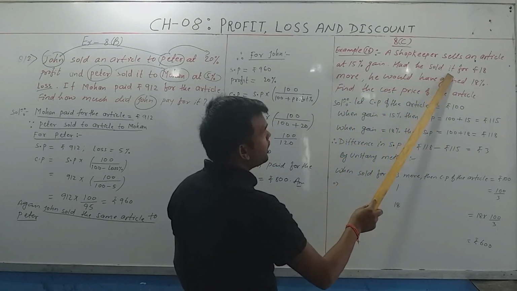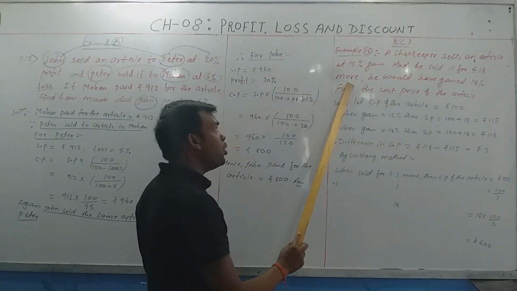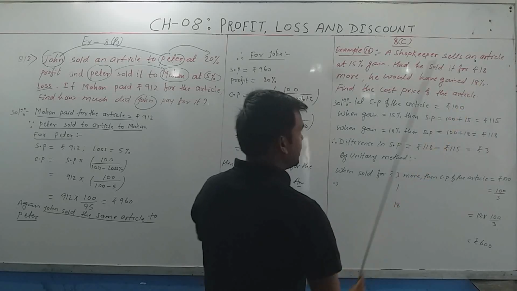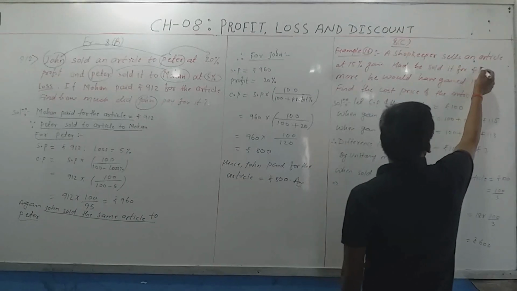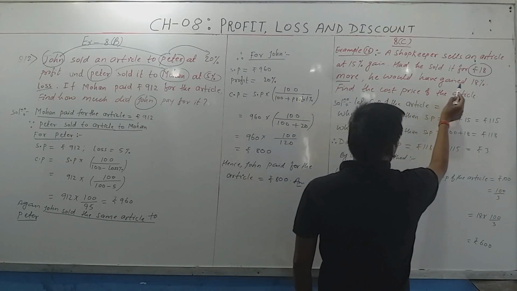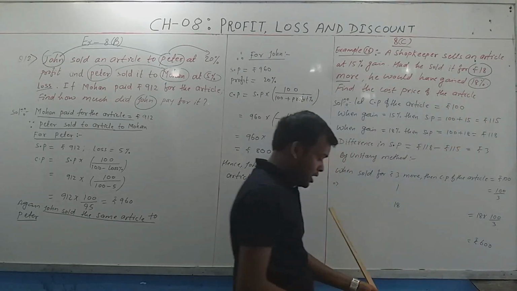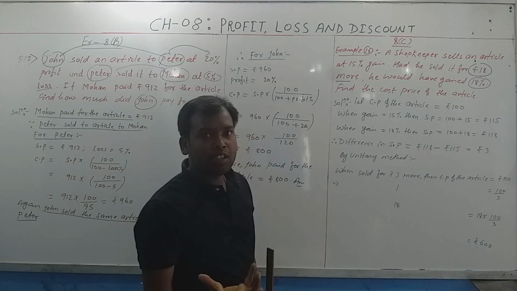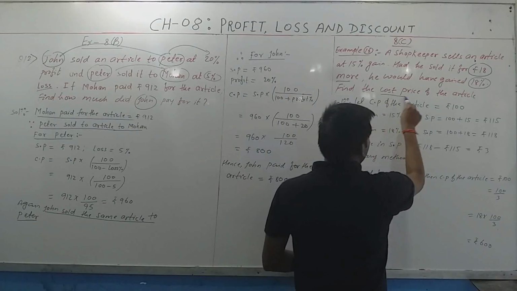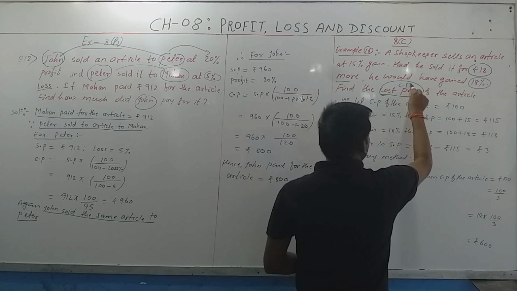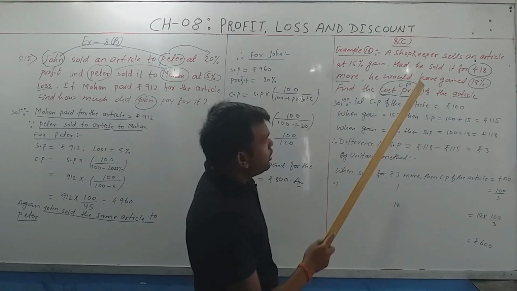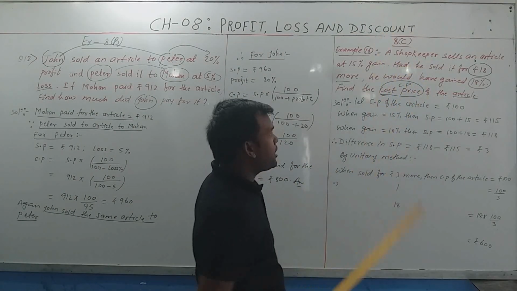Had he sold it for rupees 18 more, he would have gained 18%. Find the cost price of the article. That means we don't have the cost price of the particular article.